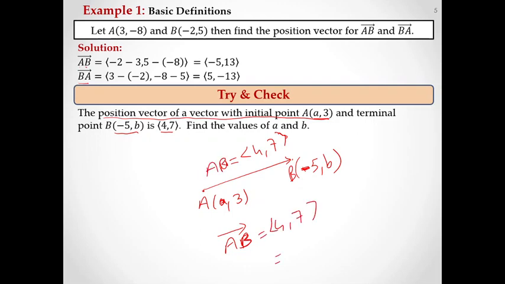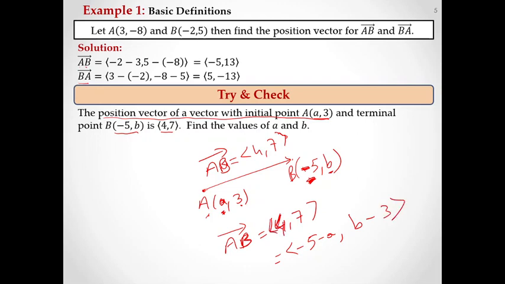Let's say this is vector AB. It starts from A and ends at B. How do you find the components of the vector? You take the x component of B minus the x component of A, and B minus 3 for the y component.